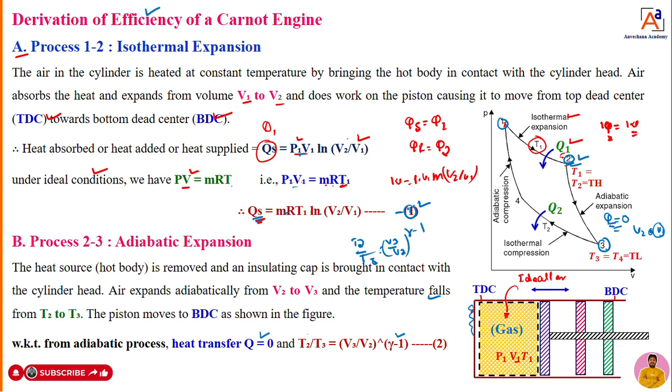This is the temperature variation for the particular process 2 to 3, the adiabatic expansion. This I will call equation number 2.